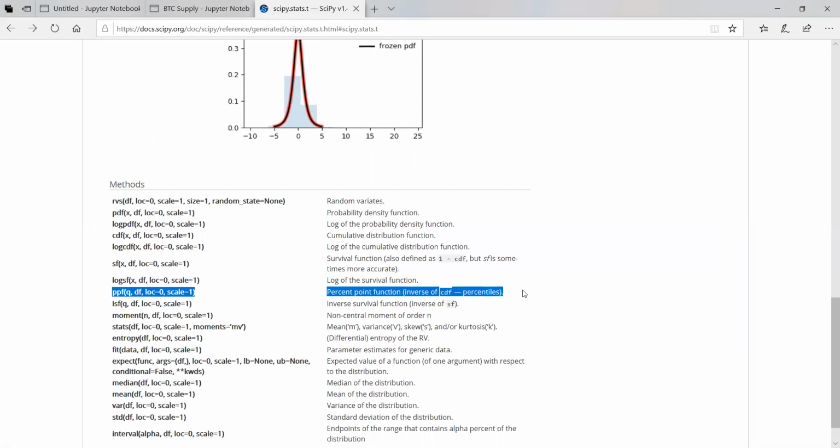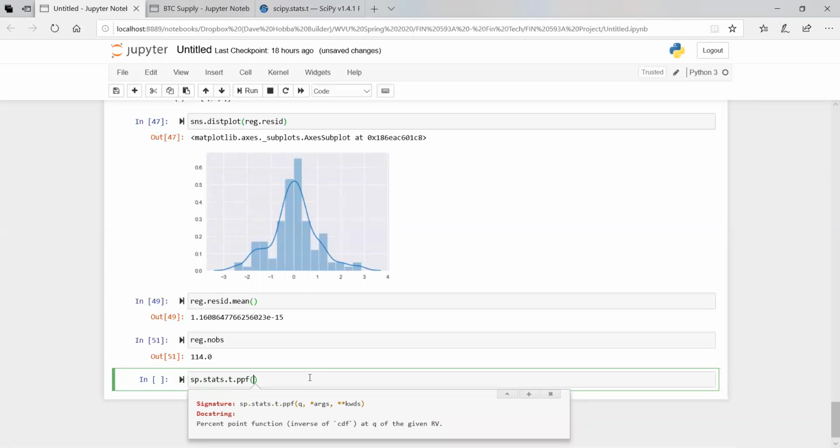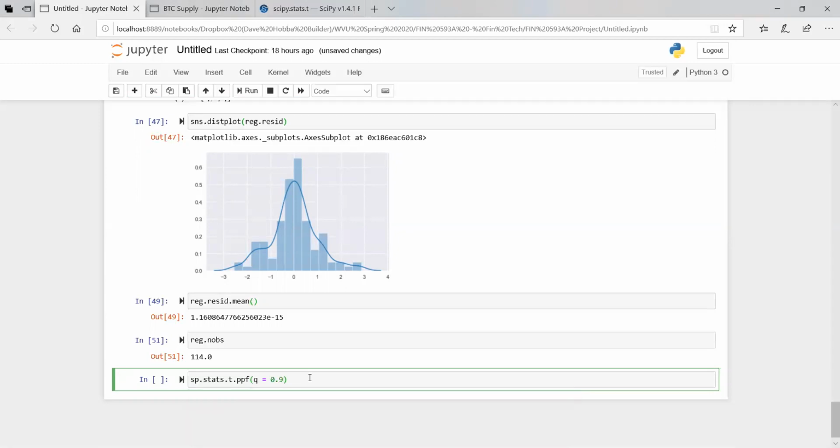You give it your probability value, maybe 0.95 for 5%, or 0.975 for a two-tailed 5% significance level, and then give it the degrees of freedom, and it will output the critical t value, what you would see in your t table from your econometrics class. So let's give it q as 0.975.